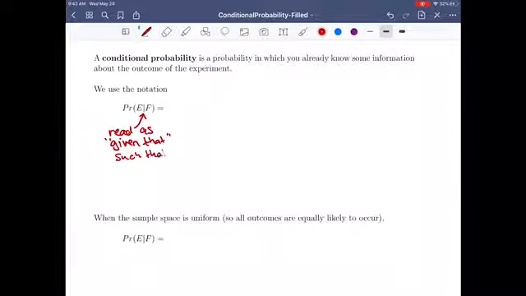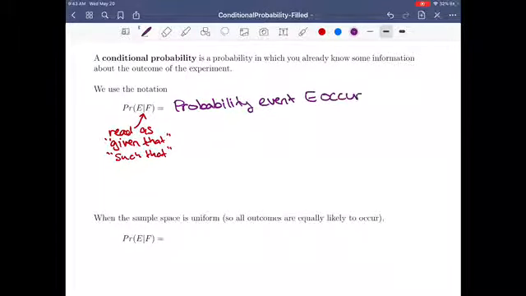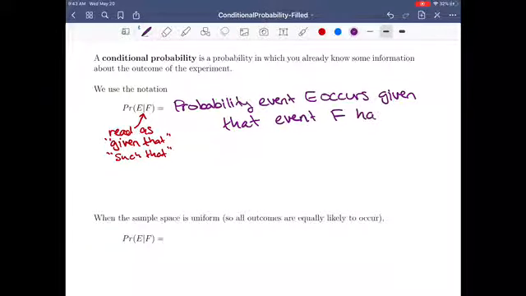So this is the probability event E occurs given that event F has occurred already, or definitely will occur.